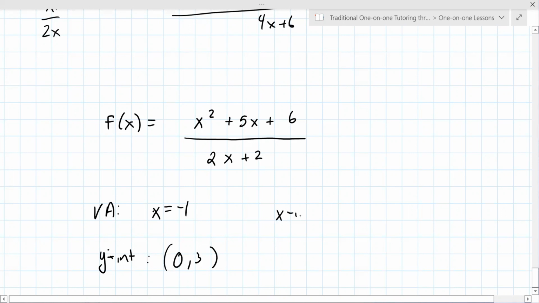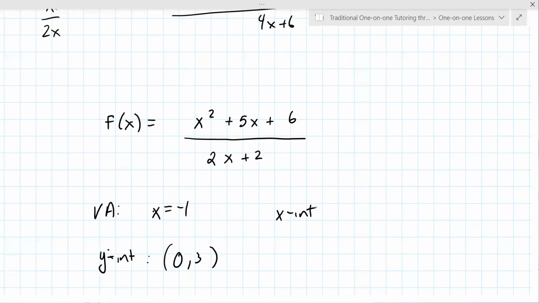Okay, and then the x-intercept, there's 2 of them. -6 and +1.